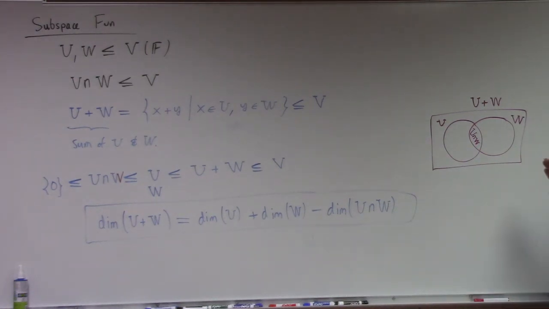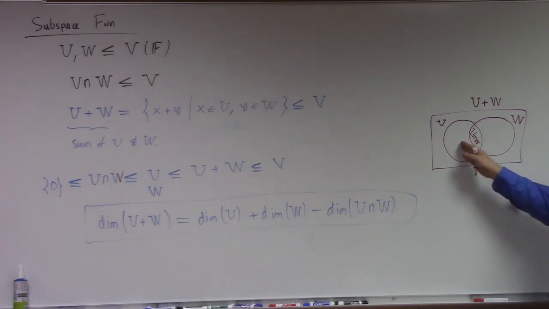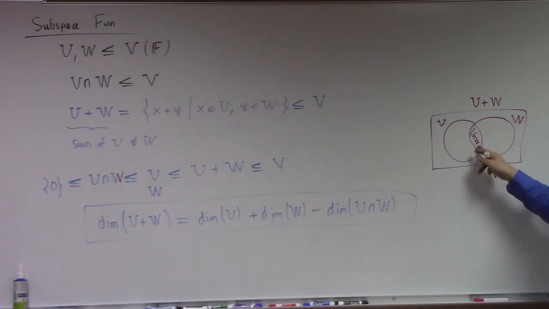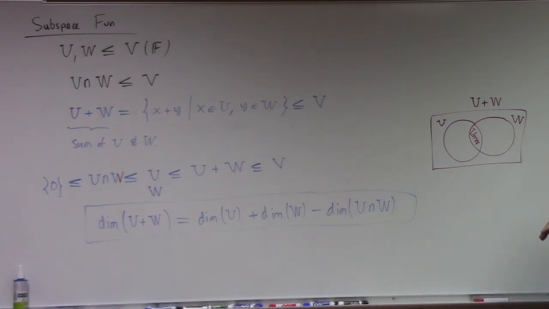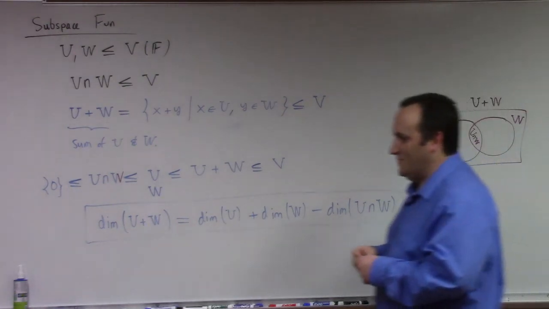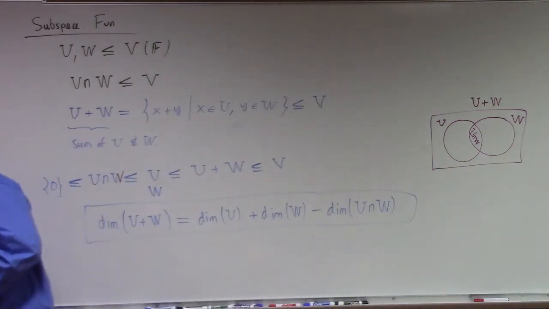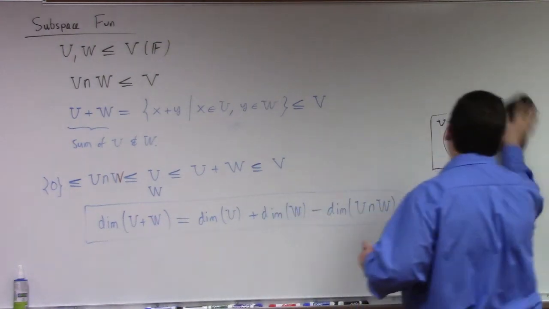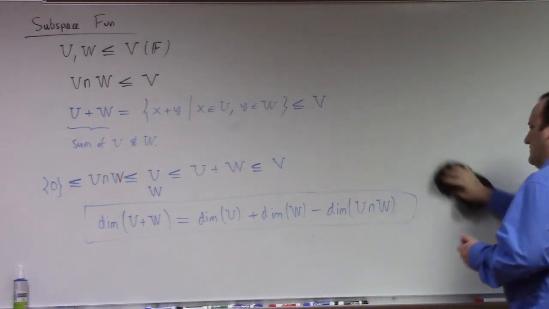You take the dimension of this, the number of things in here, plus the number of things in there, and you subtract the number of things in there. But it doesn't quite work. I mean, dimension is not number of things, is it? So I really should erase this. This is just bad. It's at best a fuzzy analogy to the counting formula for, what is this, conditional probabilities? It's a fuzzy analogy.